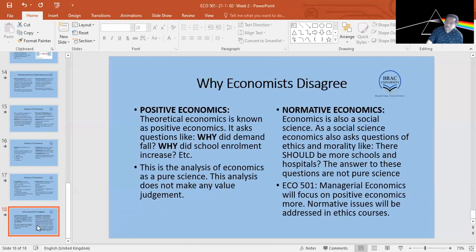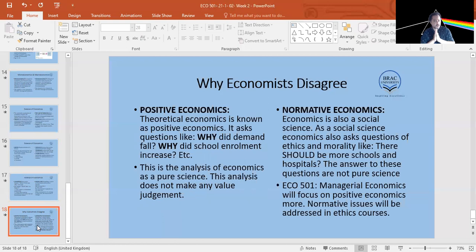Then we come to a philosophical branch of economics. The first one that we see on our left is positive economics. We just make a statement. The second one is when we make an opinion about the statement. The opinion is based on our value judgments.